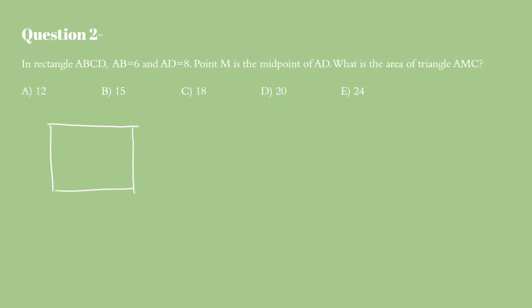Let's label these points A, B, C, D. AB equals 6 and AD equals 8, so BC would also equal 8. And point M is the midpoint of AD. So point M is about right there, and AM would equal 4, MD would equal 4.